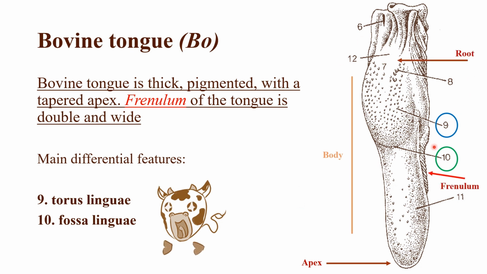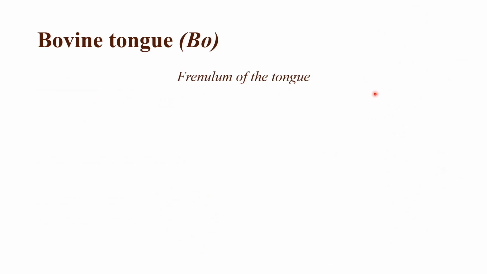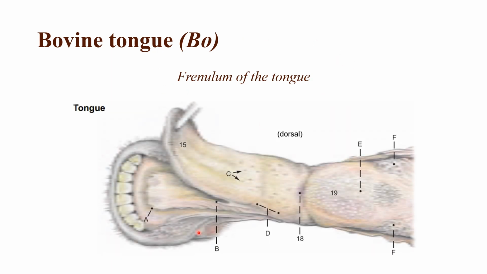And the frenulum of the tongue would be attached right here. And a little bit of the side view where the frenulum actually attaches, so it would be right here. So we have the base of the tongue, or the ventral side of the tongue, and then the bottom of the mouth.